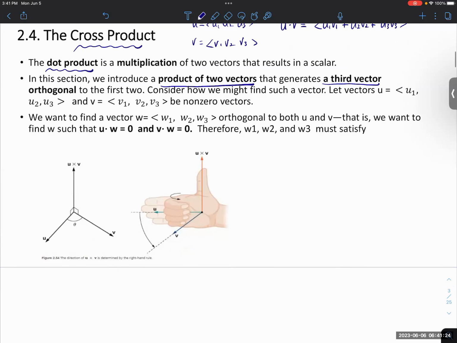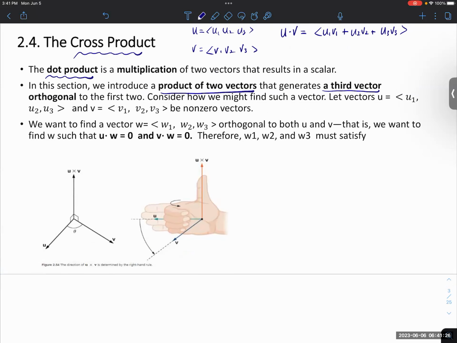Sounds a little bit abstract, but I just want to say that the dot product is not equal to the cross product. To understand, let's take a look at the image. I have a u and v vector. u is going in this direction, v in that direction, and there's an angle that they're creating. Let's say there's another vector we call w.